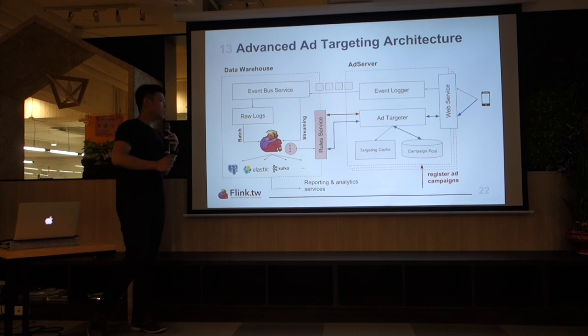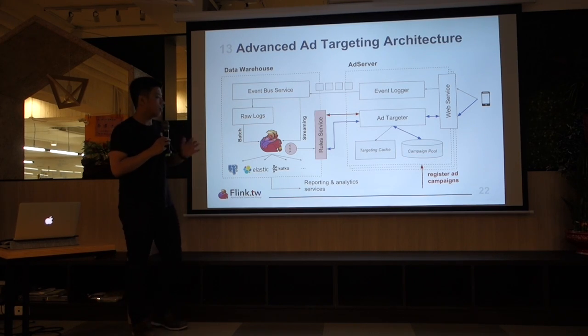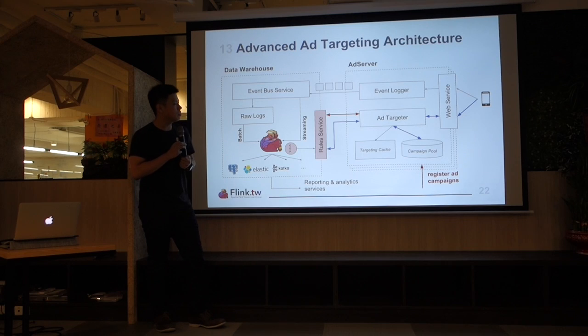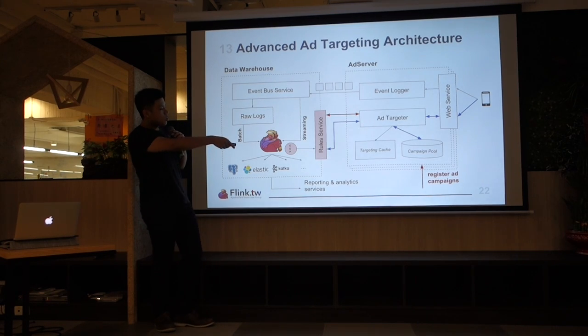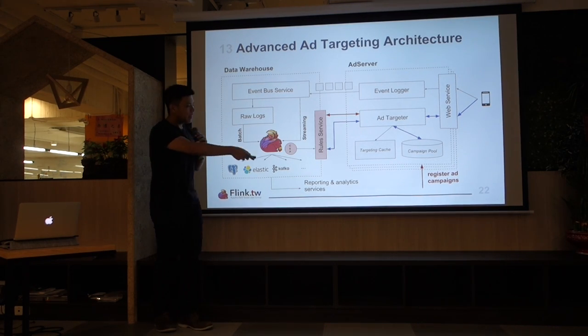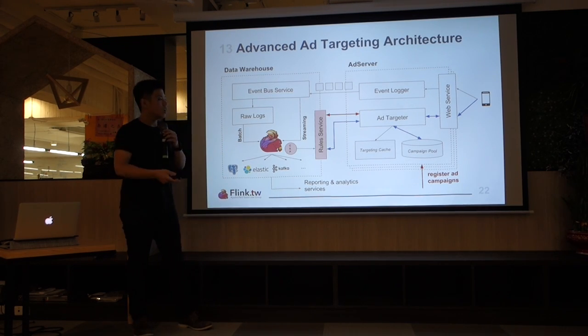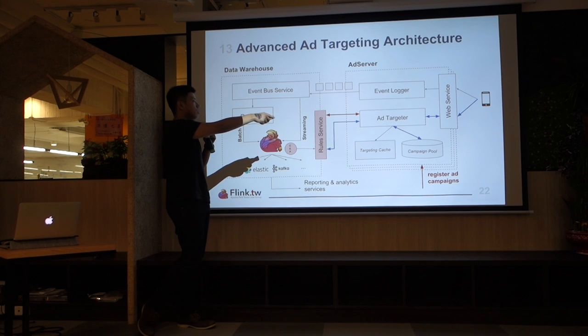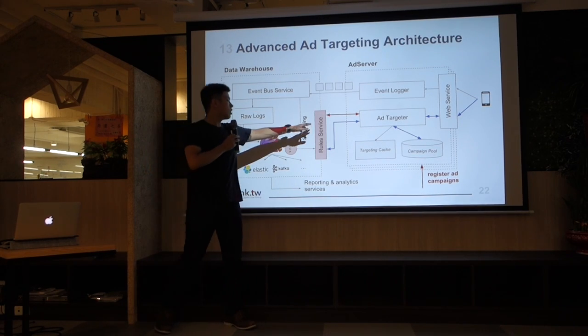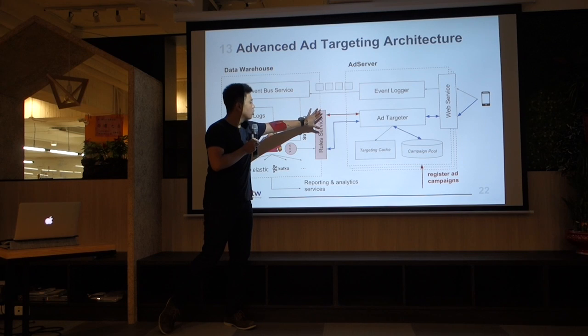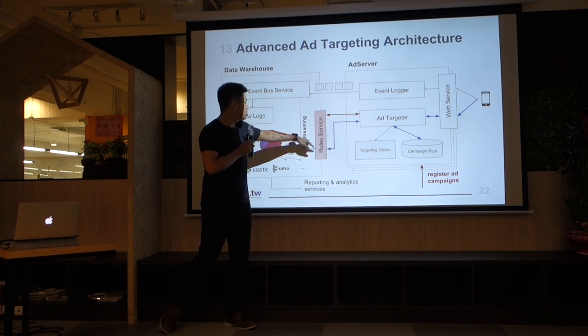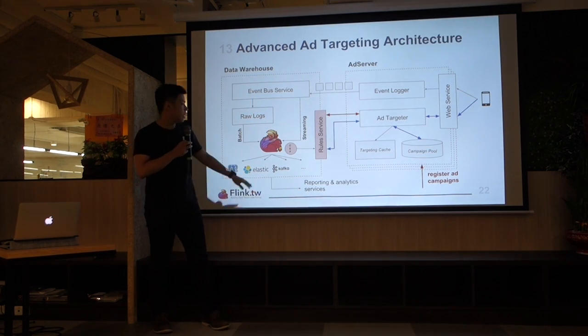So with this rule service inside the data warehouse as a service to the ad targeter, what this can do is, whenever an ad campaign is registered to the ad server's campaign pool, the ad server also injects a rule, a pattern, registers a rule to the rules engine, to this rule service, and says, okay, start tracing this one.